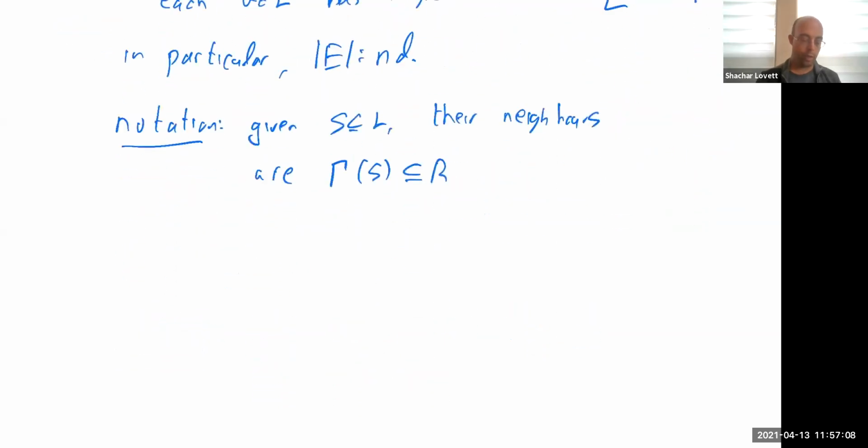Okay. And now we're going to define the notion of an expander. Let alpha be a number between 0 and 1, and beta be a positive number.